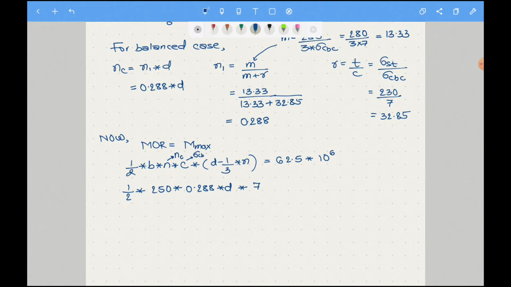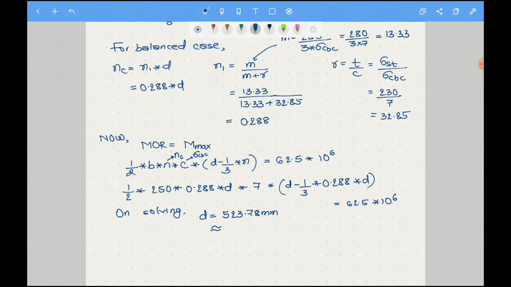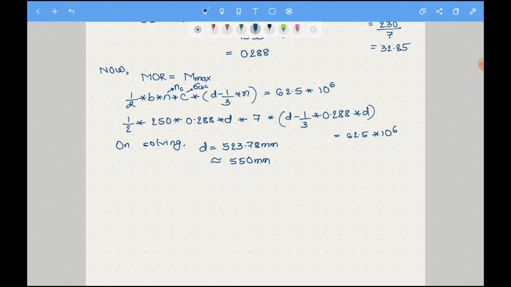This means sigma CBC times the effective depth minus 1/3 of 0.288 times D again, and that should be equals to 62.5 into 10 to the power 6. And on solving this, the value of D we can find as 523.78 mm. So rounding off, I will be taking the effective depth as 550 mm for convenience.